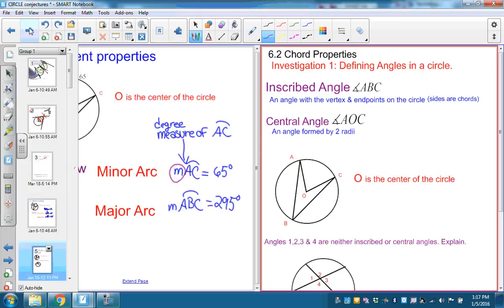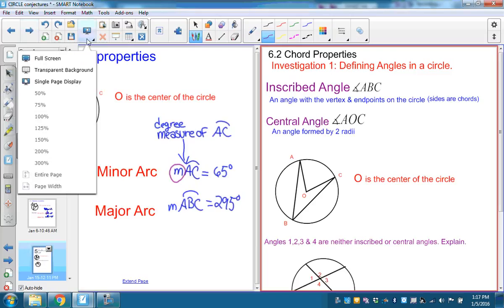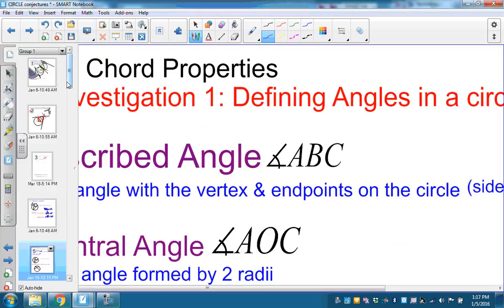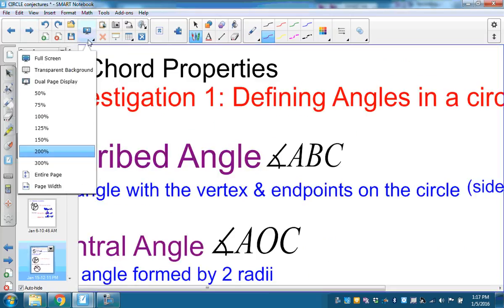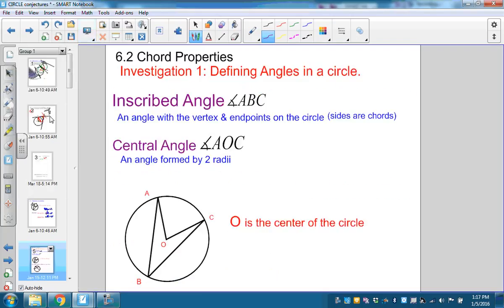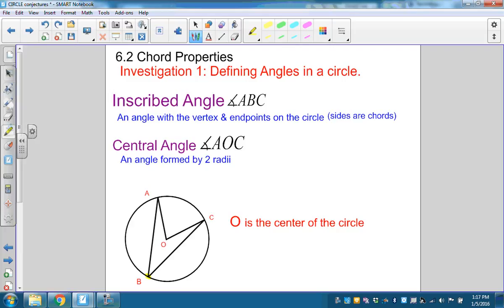Just a quick vocab reminder also that inscribed angles have their vertices and their endpoints on the circle. So an inscribed angle has a vertex here, and its endpoints have to be somewhere on the circle. But a central angle, just like it sounds, has its vertex at the center. So that terminology is used throughout the chapter.